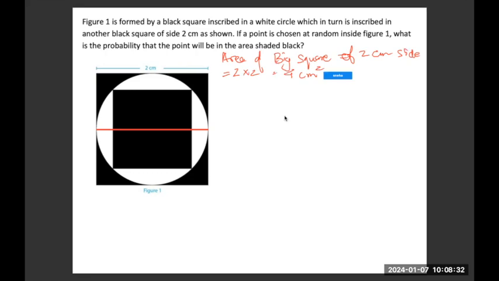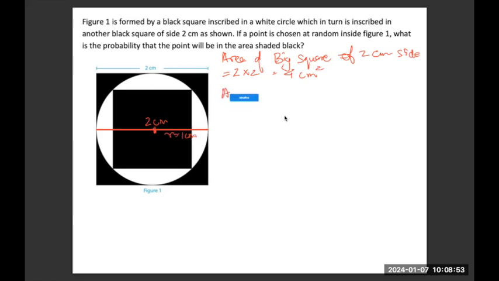Now, I know the radius of the circle because the side of the square is 2 centimeters. So naturally, the red line which I have drawn will also be 2 centimeters, which means the radius of this circle will be 1 centimeter.